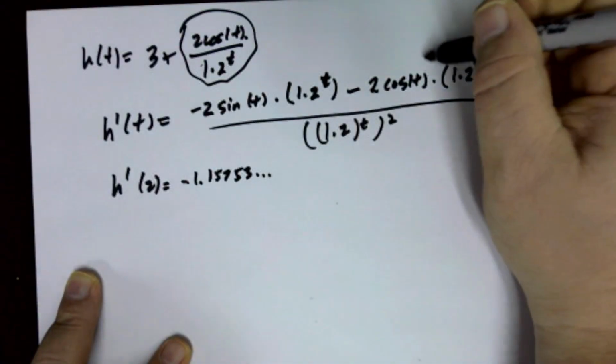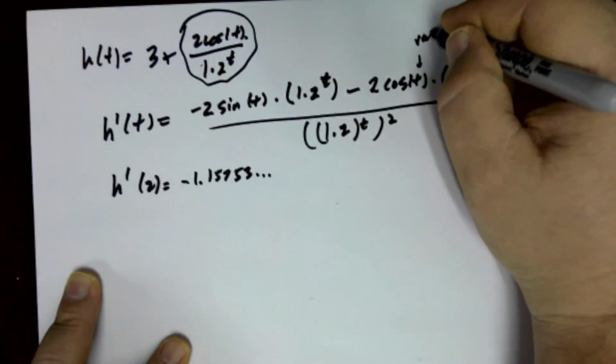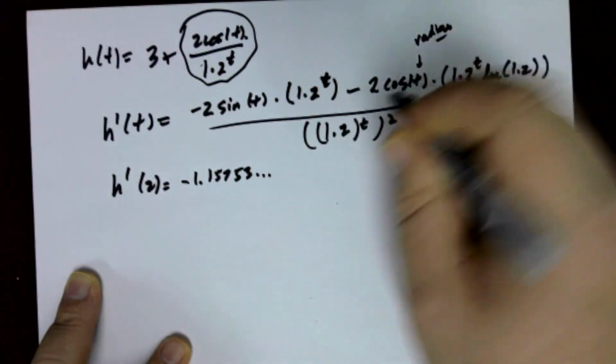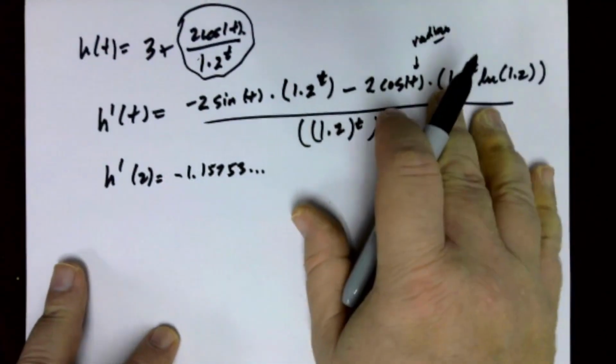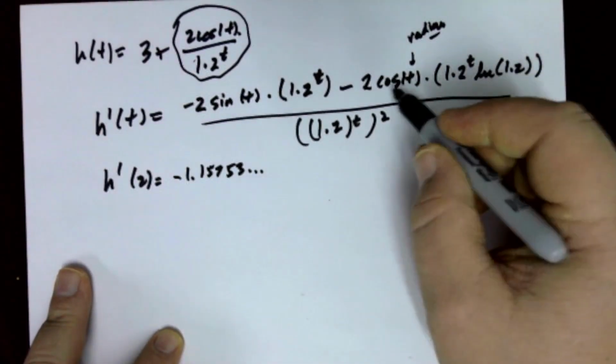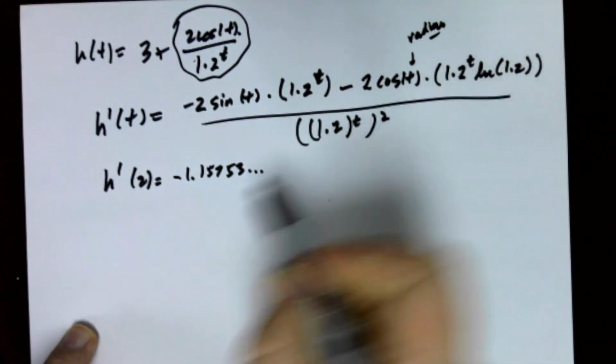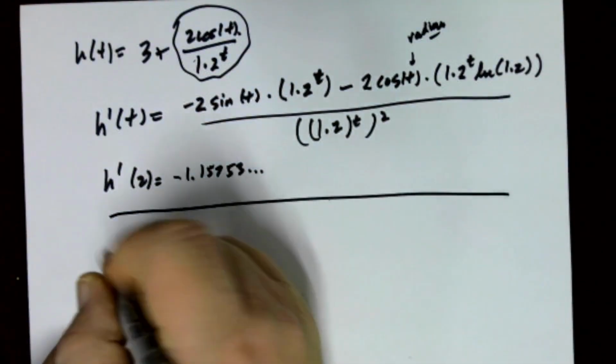By the way, remember to be in radian mode. We use radian mode because the formulas for the derivatives are actually going to be different if we use degrees. Okay, so be sure you're in radian mode.